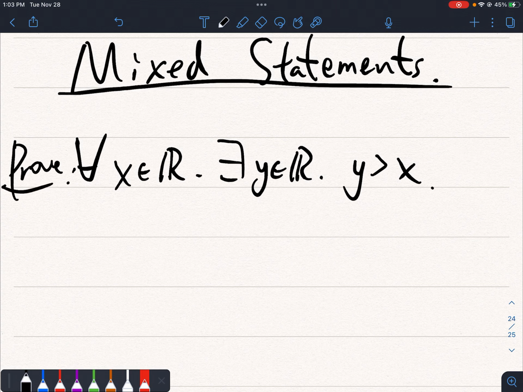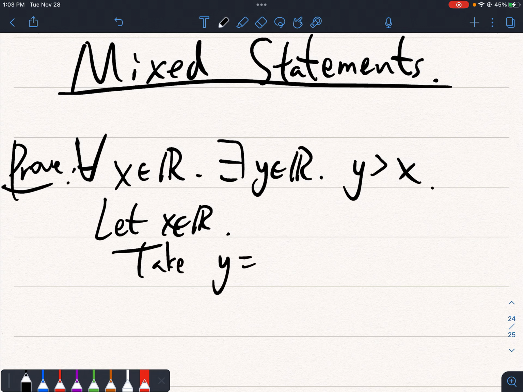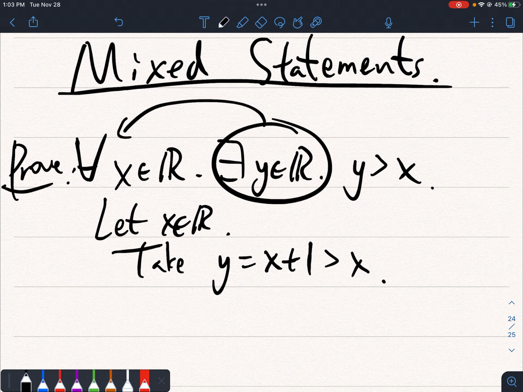Okay, so we prove it is true. We just let x in R. And then we take any y that is slightly bigger. We can just take y to be x plus 1. So then it is bigger than x, right? It is a special value, but this special value depends on x. It's okay because this y is defined after x.